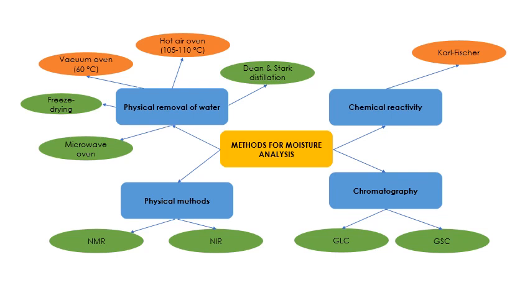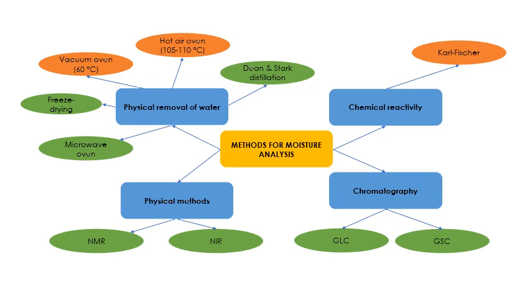There are many methods that we can use to analyze moisture, but in general we can divide them into 4 types. The most commonly used methods are where we physically remove the water. In this diagram, the ones circled in orange are the official methods for moisture analysis. Two of them fall under these physical removal of water methods.